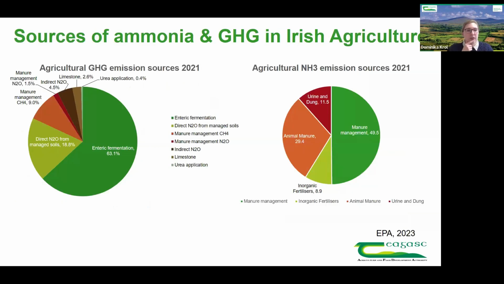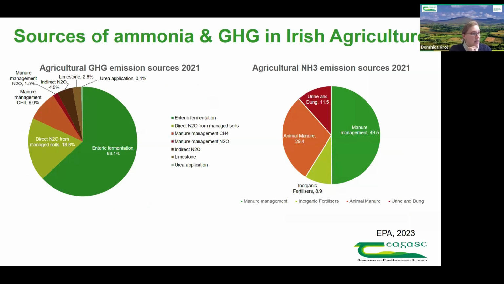So in terms of the sources of ammonia and greenhouse gas in Irish agriculture, on the left-hand side you see the latest figures from the EPA from 2023. Their calculations are always 2 years behind, so we haven't seen the 2022 figures yet.